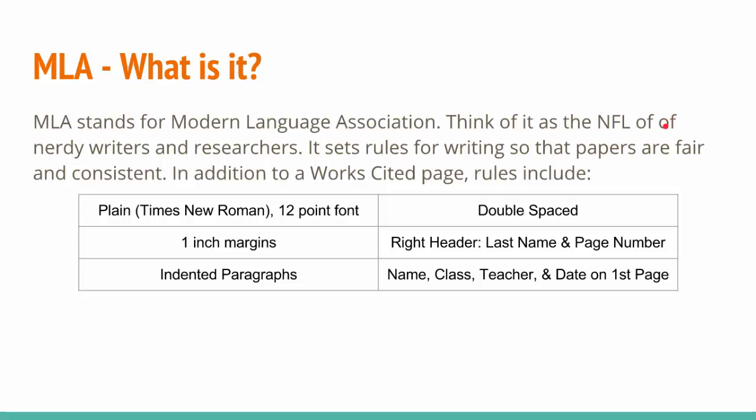First, use plain Times New Roman font. It's going to be size 12 point. You use 1-inch margins. You indent paragraphs. The entire paper is double spaced. You have a right header. It includes your last name and page number. And then on the first page, you have a header with your name, your class, your teacher, and the date on the first page.